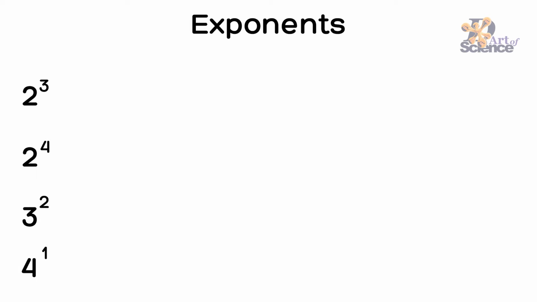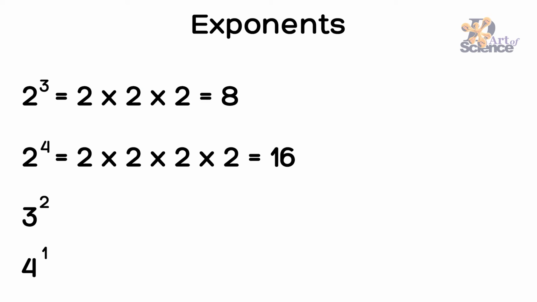Before we get into the proof, we are going to first understand a little something about exponents. Exponents are usually written something like this. The number in the bottom is called the base and the smaller one on the top right side is called the power. Here we have 2 to the power 3. This basically means that the base, which is 2, is multiplied to itself 3 times.